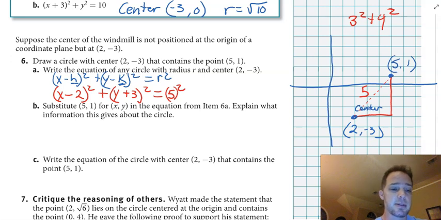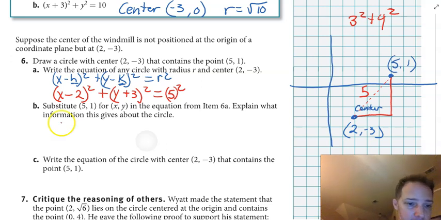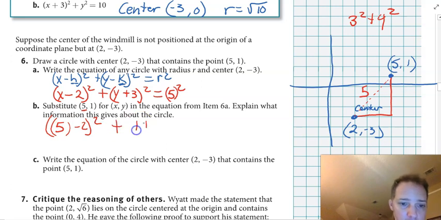Now substitute 5, 1 into the equation and make sure that this is a point on the circle. Make sure it is a solution to the equation we just wrote. So let's plug that in. If we plug in for x, 5 minus 2 squared plus 1 plus 3 squared equals 25.